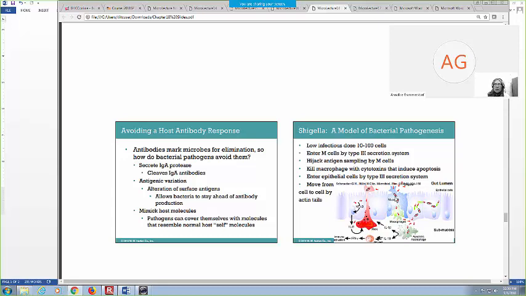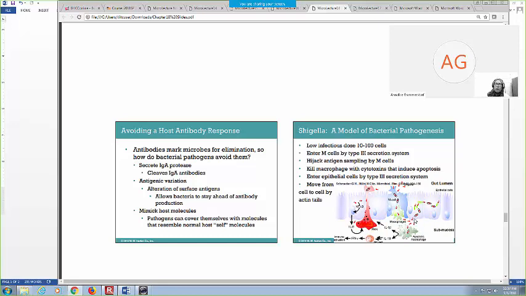Once it's in the cell, it's hidden from our immune response. And in the M cells, it's actually transported from the lumen to the submucosa.